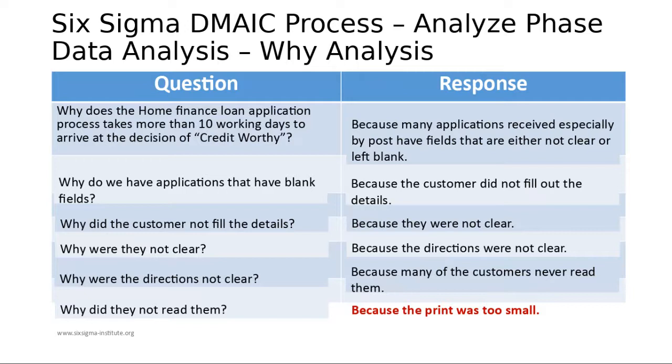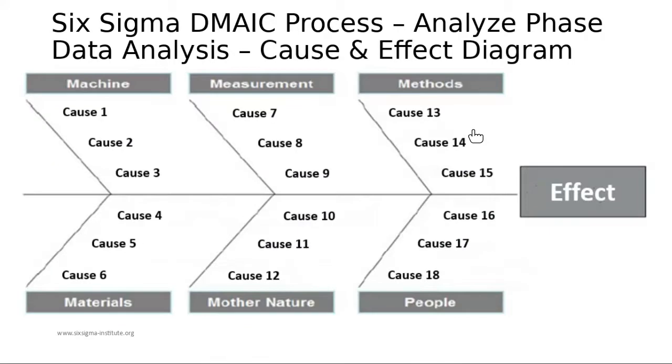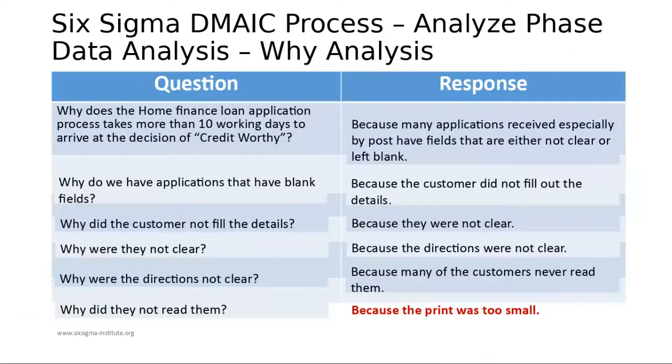It doesn't have to be limited to 5, but the common saying is that by the fifth why you usually get the answer. The 5 whys work in parallel with the fishbone, or the cause and effect diagram, to dig inside and find why those causes are appearing and why they are affecting the process.